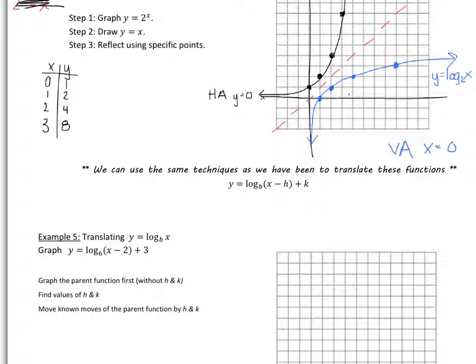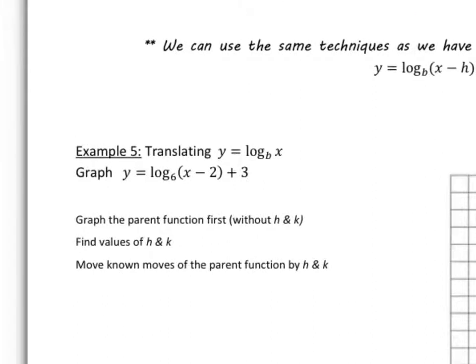So we are going to start with y equals log base 6 of x minus 2 plus 3, so we can see how it moves. We're going to start out graphing the parent function. So we're just going to lose the h and the k. That would be y equals log base 6 of x.